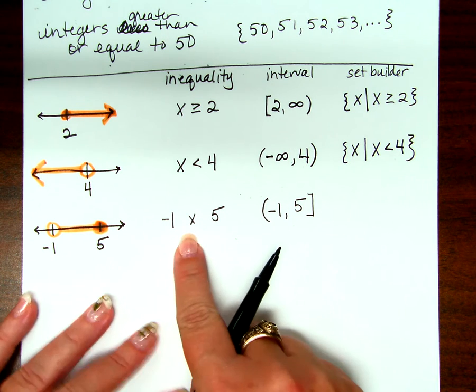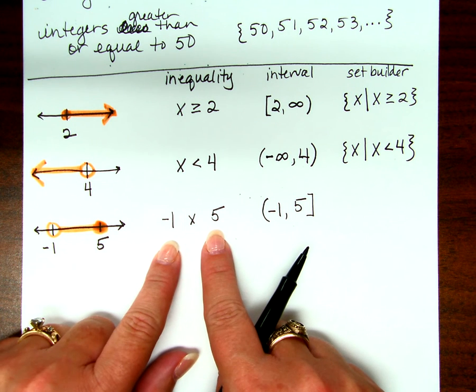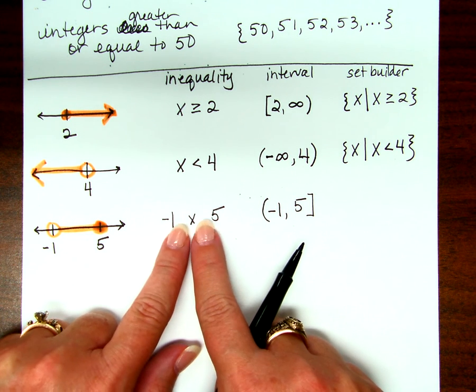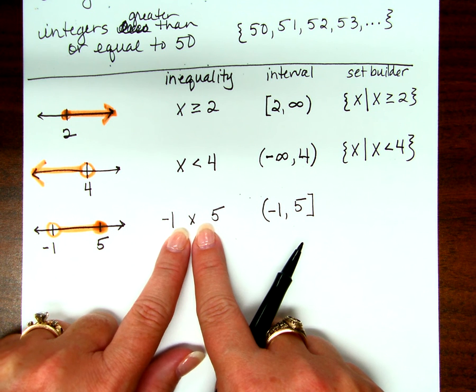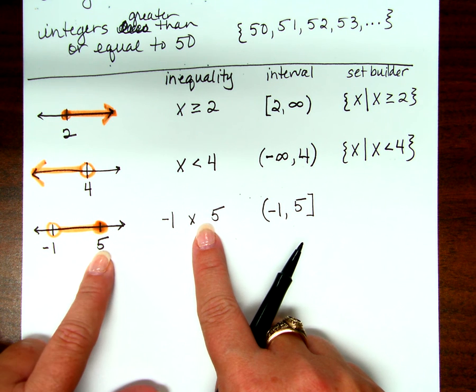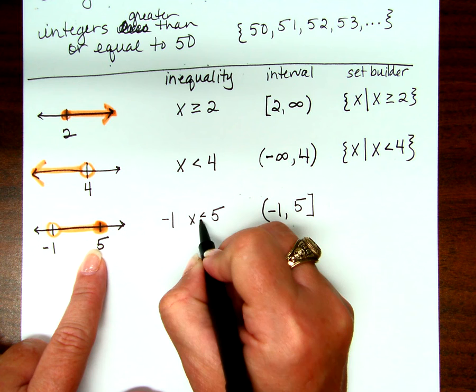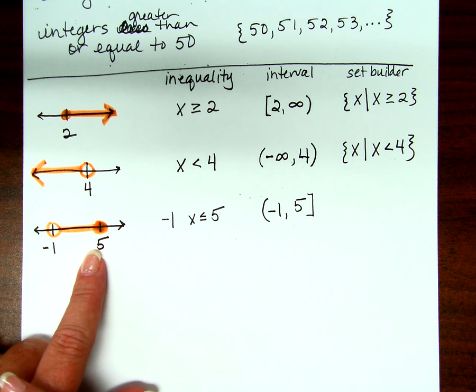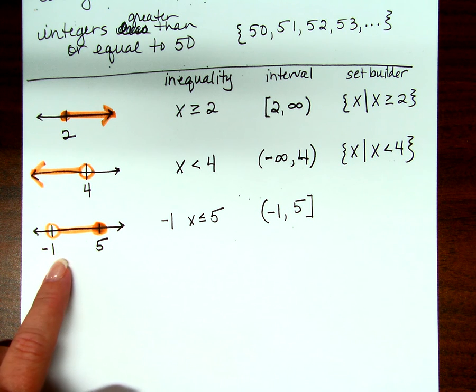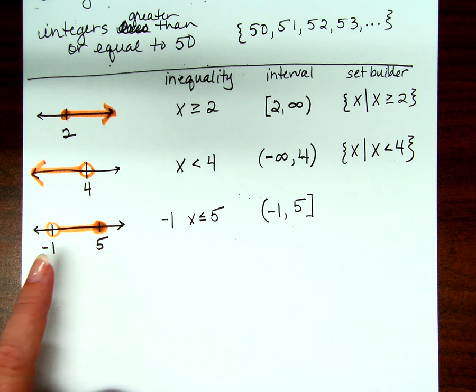Isn't that saying that X is between -1 and 5? So I just have to figure out the symbols that go here, right? How is X related to 5? It's less than or equal to 5, right? How is X related to -1? It's greater than -1.